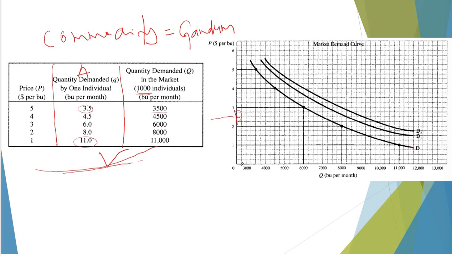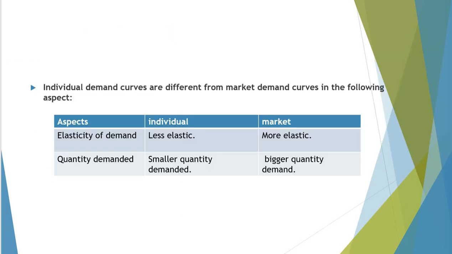D1 ni apa? D1 ni representing individu lah, mungkin individu 1, individu 2. Quite straightforward, right? Saya saja je cerita banyak-banyak, awak faham lagi ke tak faham tak tahulah.